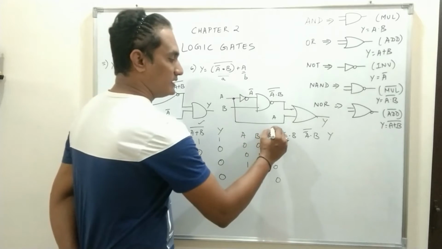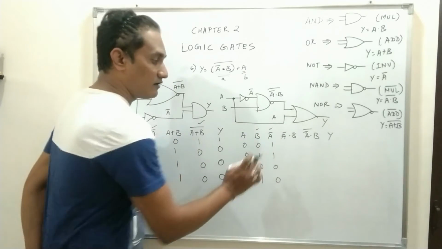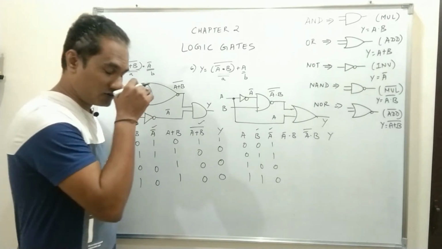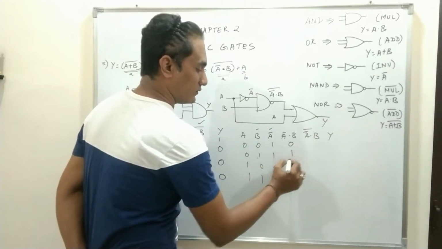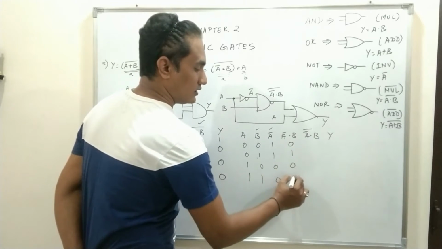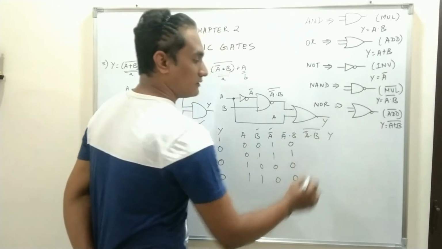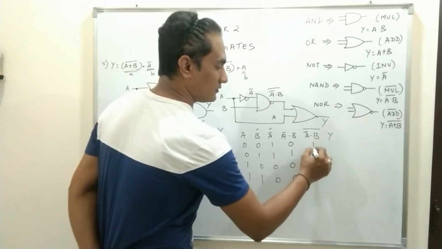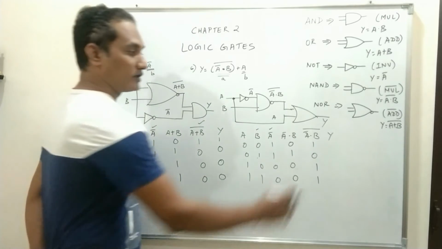A bar dot b means between these two columns you have to apply AND logic. And what is AND logic? AND logic amounts to multiplication. So 0 into 1 is 0, 1 into 1 is 1, 0, 0. The whole complement of a bar dot b will be the complement of this, it will be 1 0 1 1.